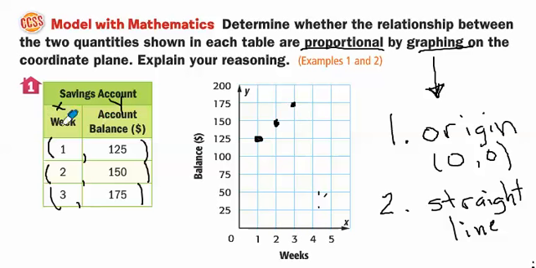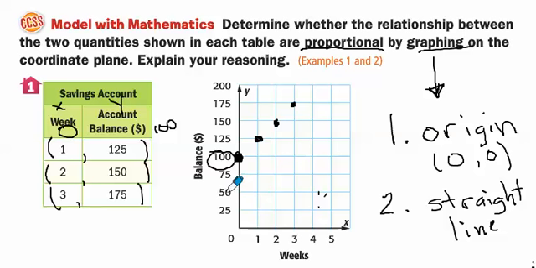The problem is we don't know what it was at week 0, meaning our starting time. So let's follow this pattern. Down 25 back a week, down $25 back a week, down $25 back a week, and we get the point 0, 100. So if we put the point 0, 100 on here, what that means is at time 0 they already had $100 in their savings account, and then they added from there.